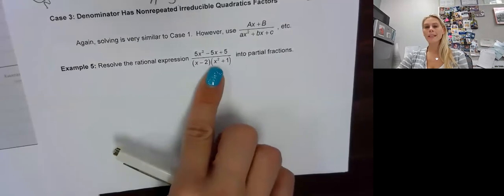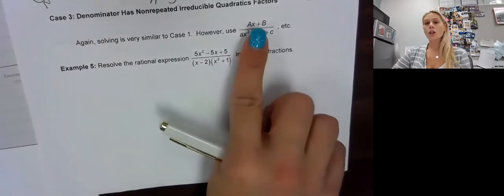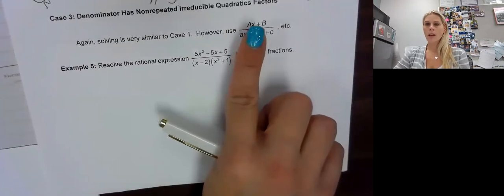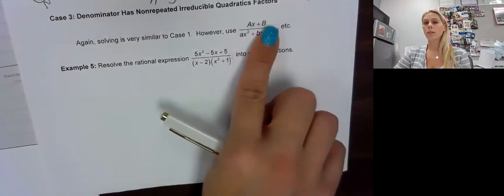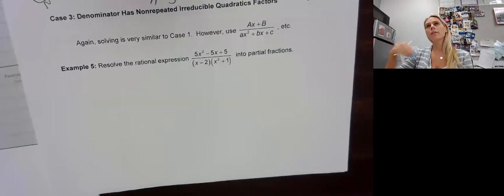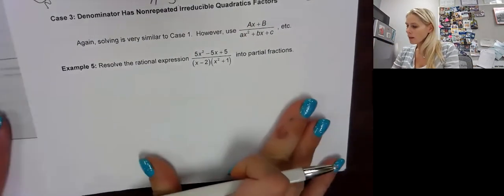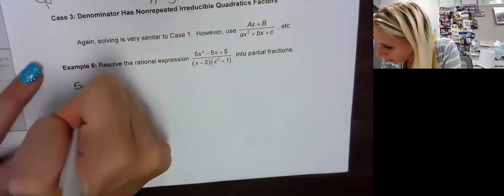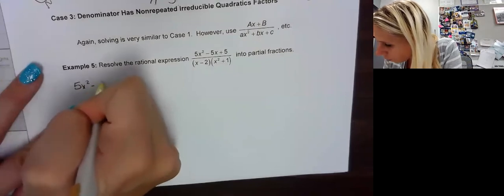Well, what that means is that our numerator is going to be in the form of ax to the first plus b. So always think of it as one exponent lower. Okay. All right, so what does that mean? Well, luckily they already have this factored for us.